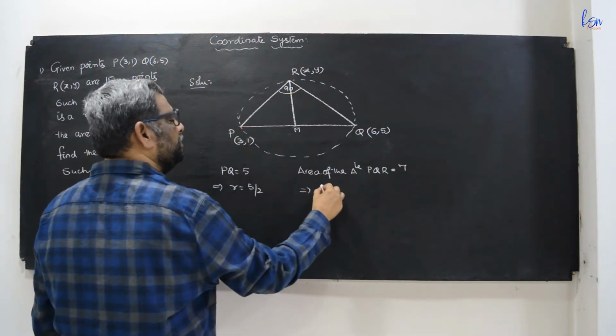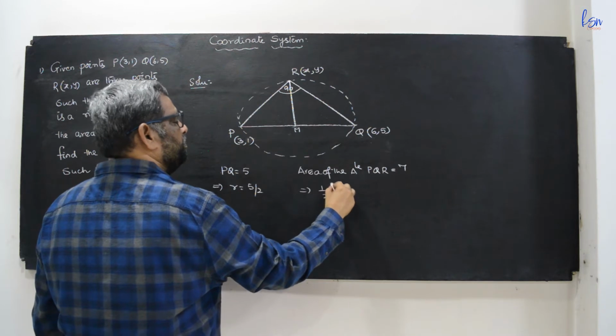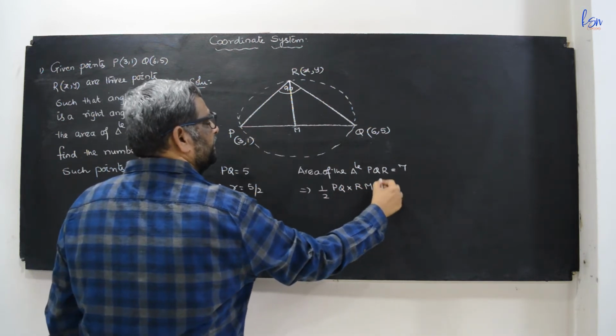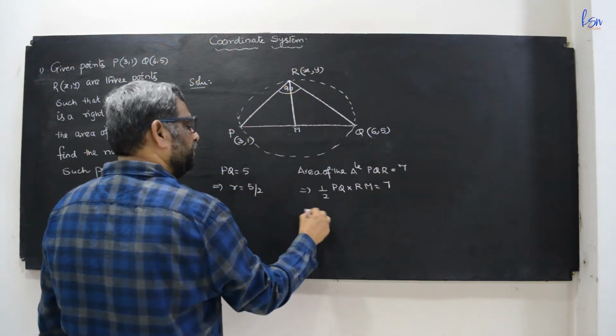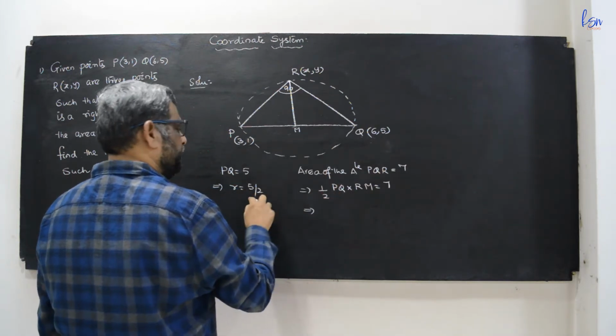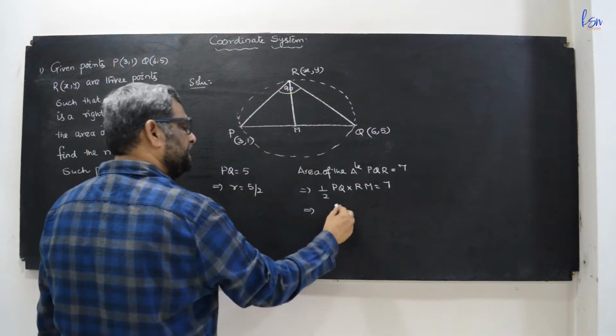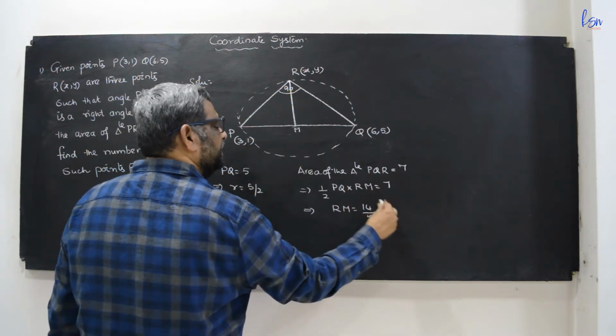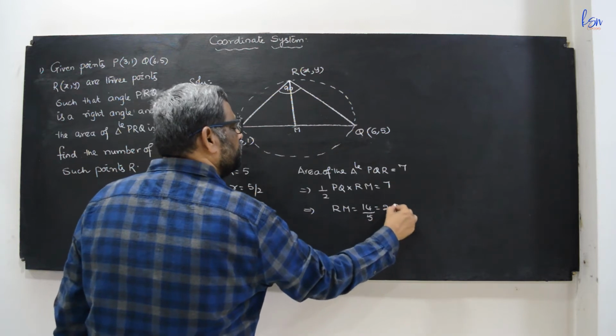This is equal to half into PQ into RM equal to 7. So here PQ is 5, so RM is equal to 14 by 5, which is 2.8.